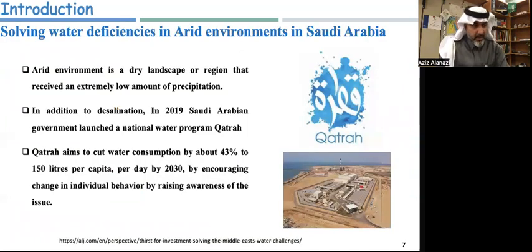So to solve the water loss issue and the water challenges in Saudi Arabia, many initiatives came in, like Qatra, which aims to cut water consumption by 43% to 150 liters per capita per day by 2030.